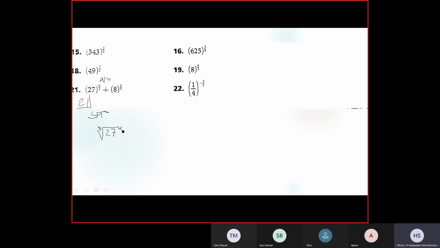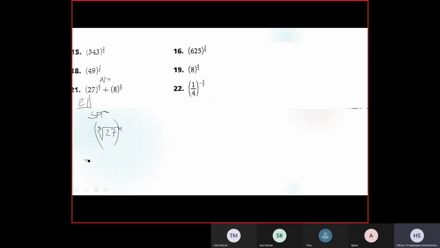Now please focus with her. She said that 27 to the 4 over 3 means the cubic root of 27 raised to the power 4. What is the number that you multiply 3 times to get 27? 3 times 3 times 3.